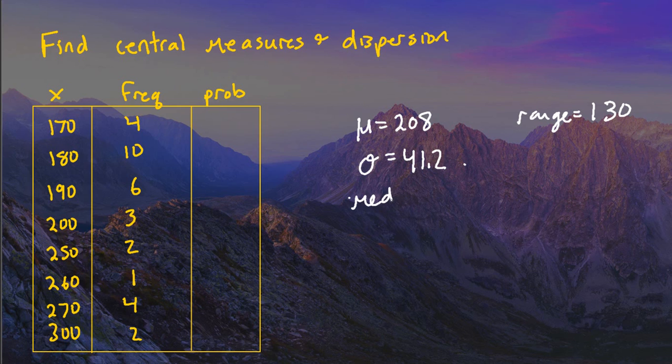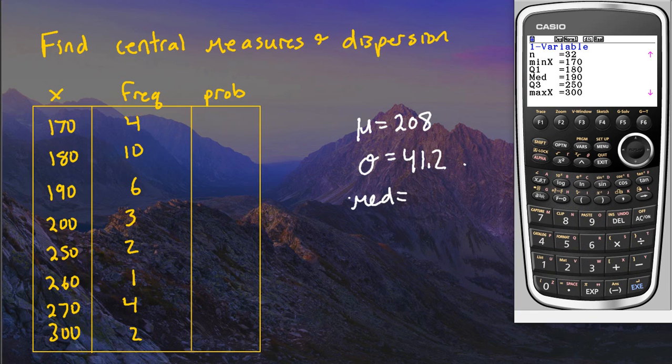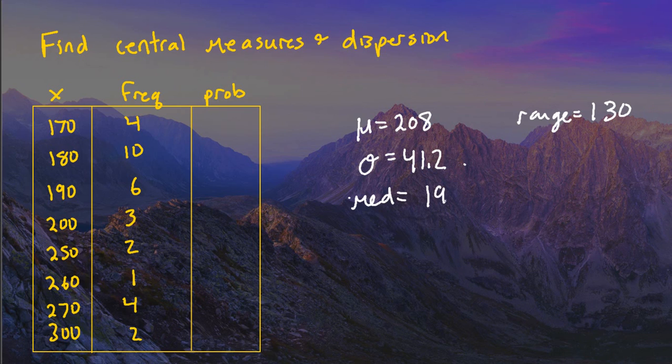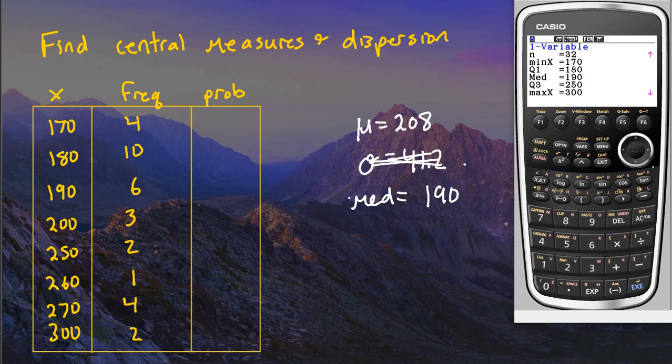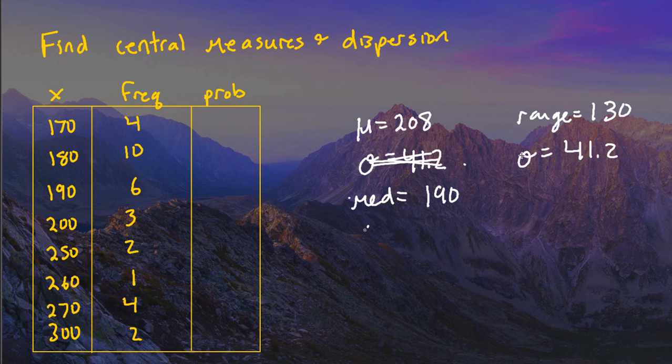I'm not putting these in any order, so that's actually pretty terrible. Make sure everything's organized nice and neat. Your central measures should be together, and your measures of dispersion should be together. It's just easier to read that way. Our mode is 180, which we would expect, because if I look at my table, 180 happens 10 times. So mode 180.